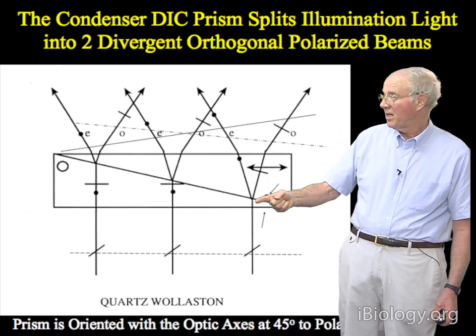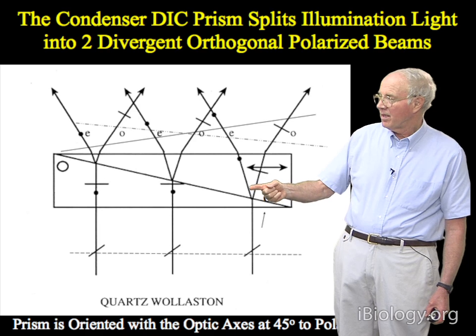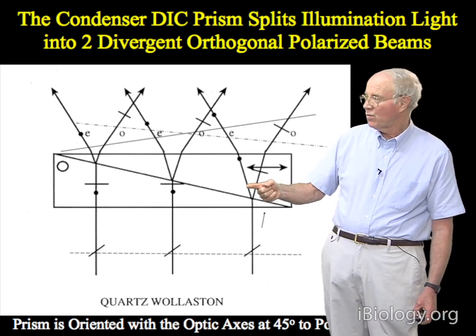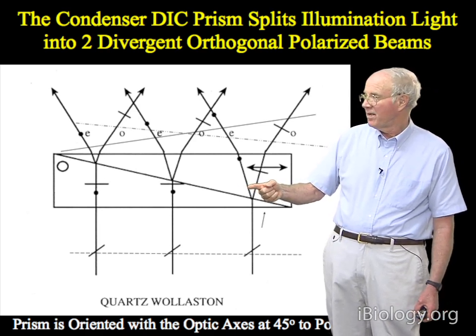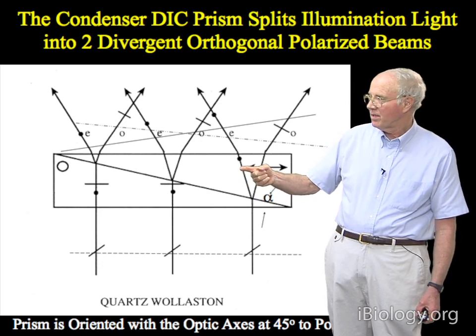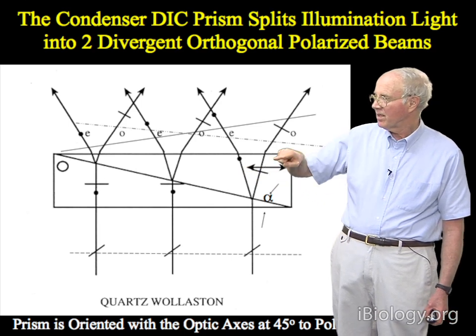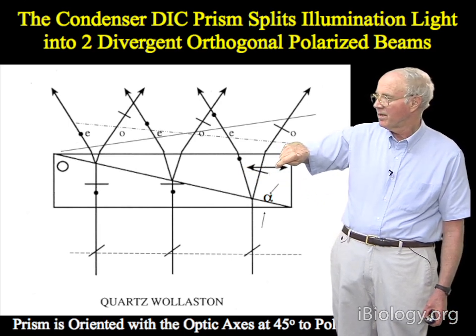This one is made out of quartz, which is a birefringent crystal. And being birefringent, it has two refractive indices. One of them, I've shown for the upper wedge, has its vibration axis this way, and the other one's going to be into the board.